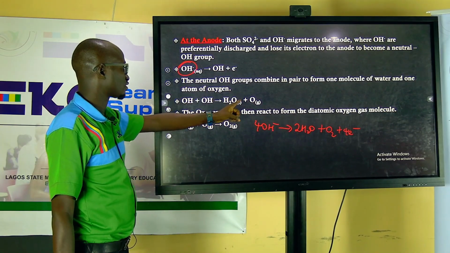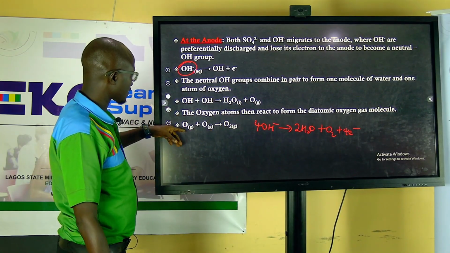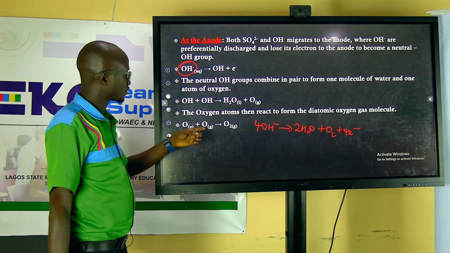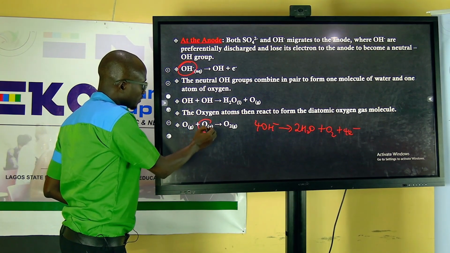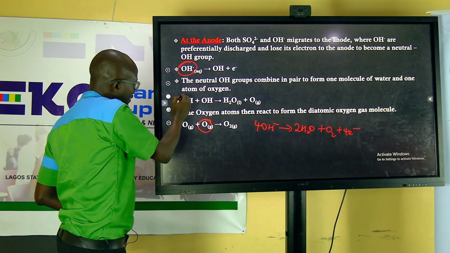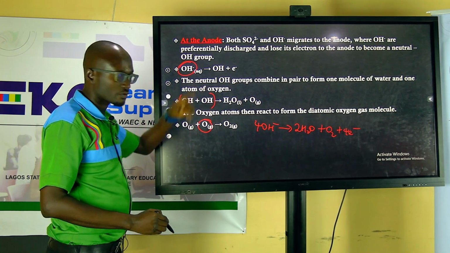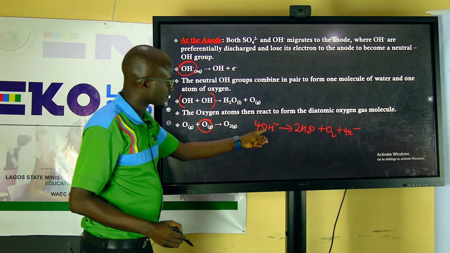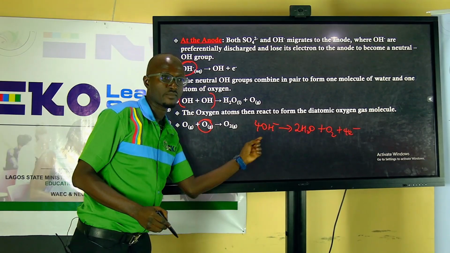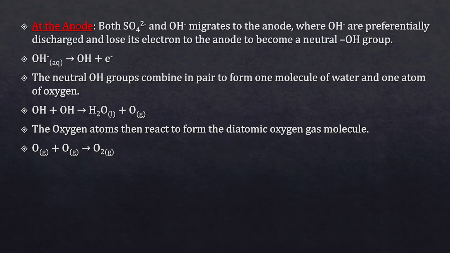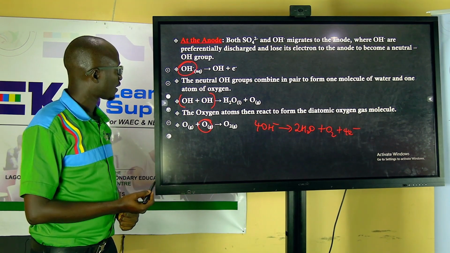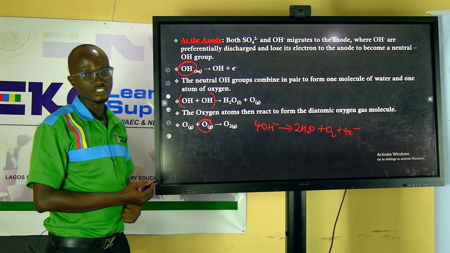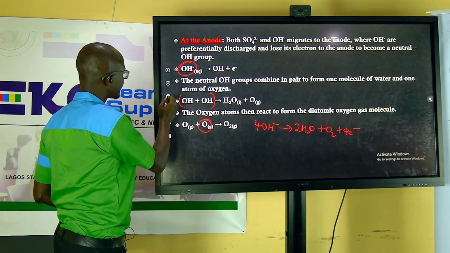As you know, 1 atom of oxygen is not possible, so it has to combine with another atom of oxygen to give us oxygen gas. Before this can come into play, these sets have to react again. So that's why it's a total of 4 OH-. So at the end of the day, oxygen is discharged at the anode, while hydrogen is discharged at the cathode, as we have seen.